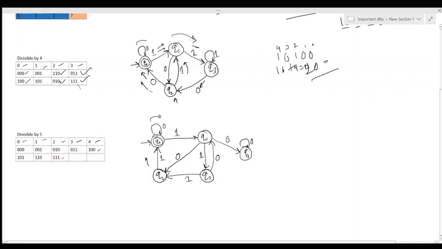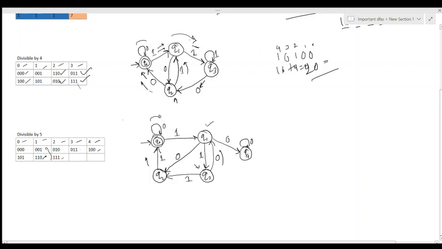So 1 0 1 is recognized and accepted by the Q0 state. For remainder 1 we have already shown that 0 0 1 reaches Q1. For 1 1 0, for this value we take another transition like 1, then again we go to Q3, then taking a 0 this goes back to Q1. So 1 1 0 reaches Q1. So these two values are completed.